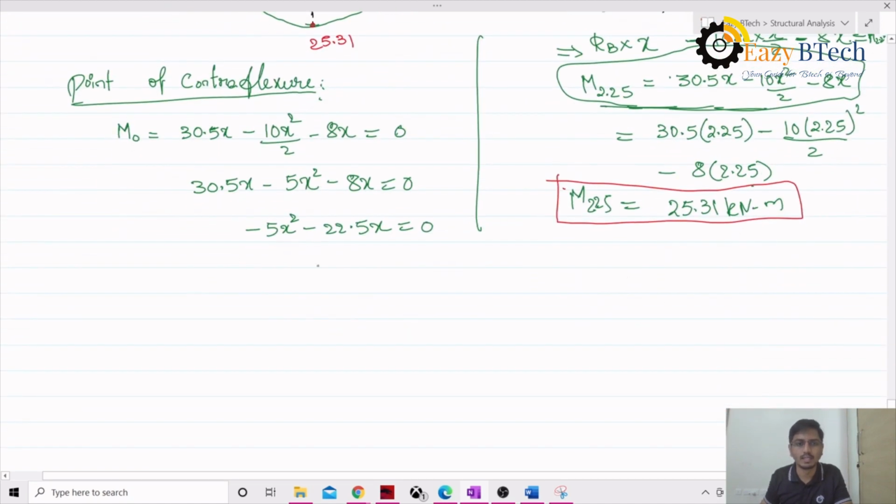Substituting this value, the x gets cancelled with 22.5x and 5x, and the x value will be 4.5.